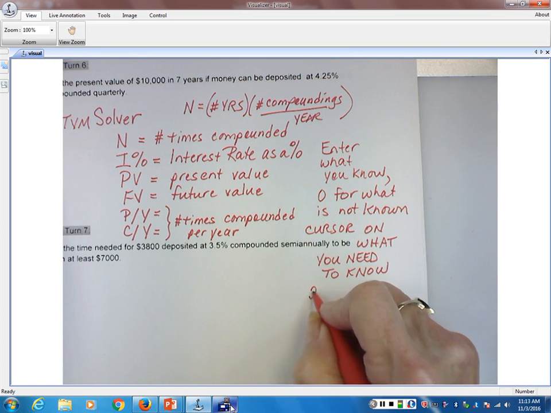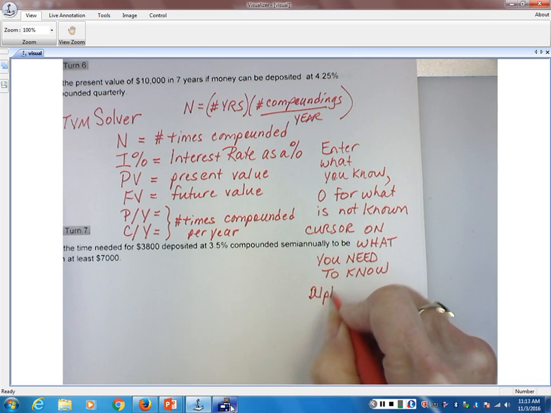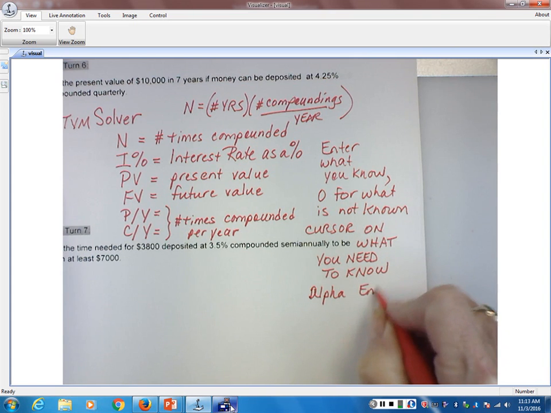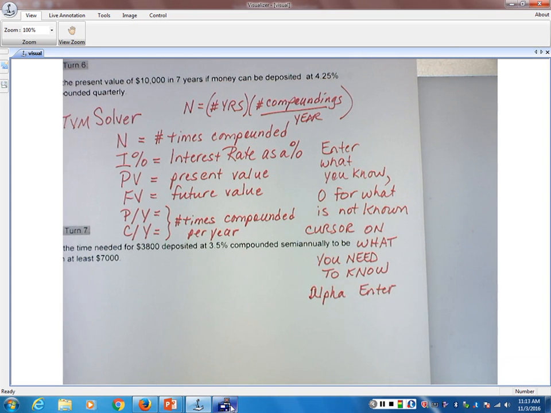And then alpha and the enter key. And those steps are essentially the same regardless if it's TI-83, TI-84, TI-83 C plus, or whatever.